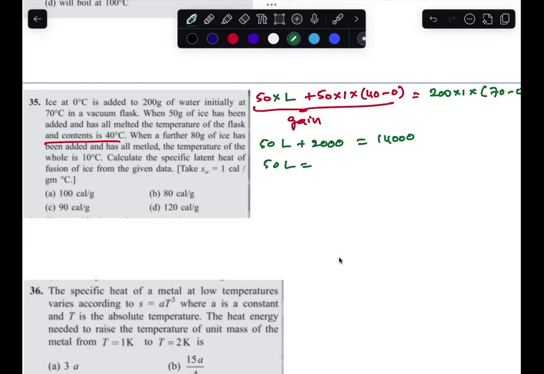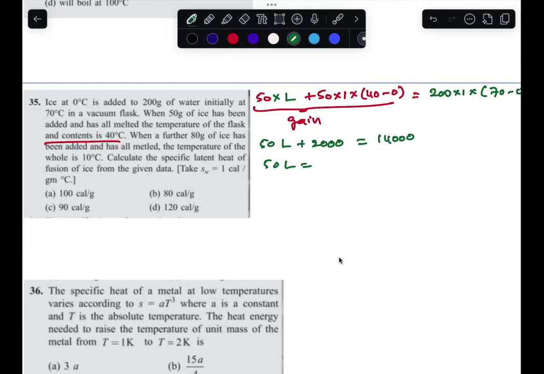Just see anywhere did I go wrong. 250 into 40 minus 10 is right. 30 into 250 is 7,500. Just do that calculation once again carefully.